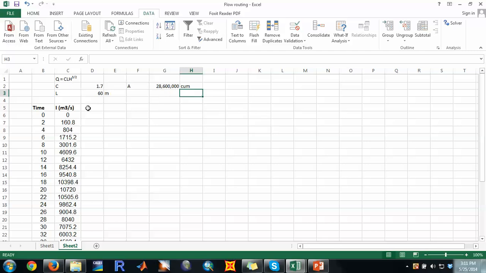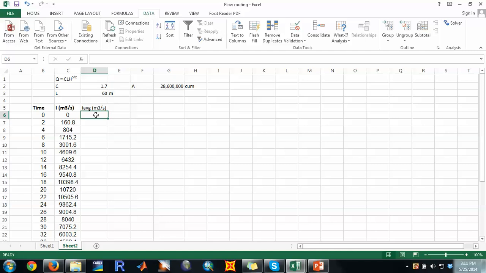So to start with, the first calculation should be with the average inflow data. We calculate the average inflow here, in cubic meters per second, from the existing data. The average inflow at time 0 is usually not available, so we just skip it because we don't have the preceding time.